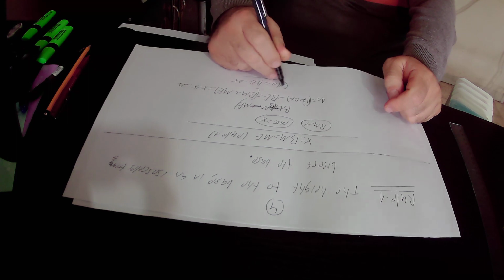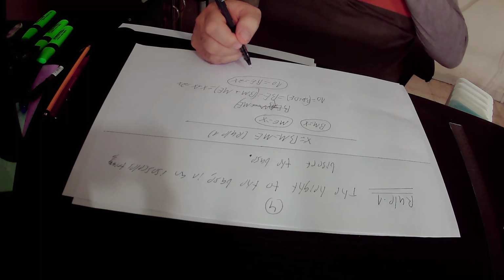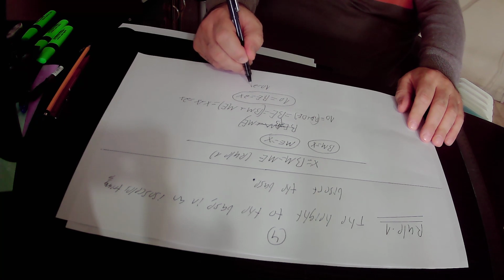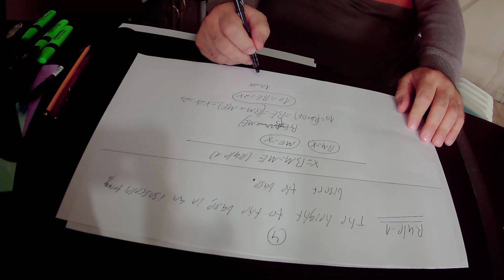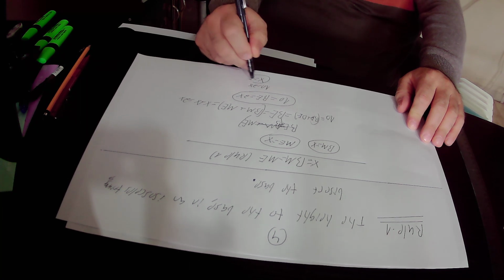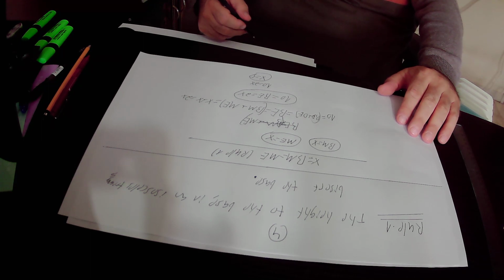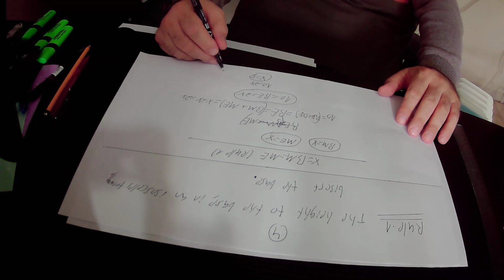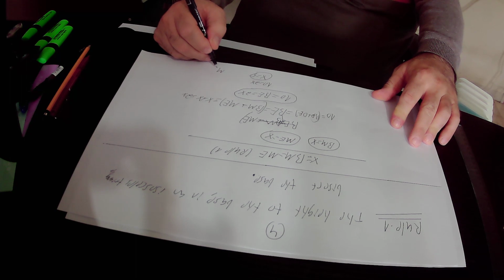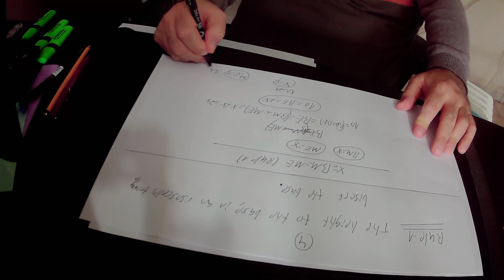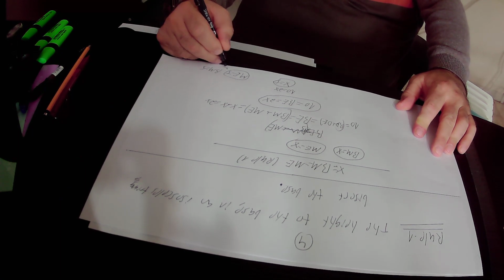So from this equation, we conclude that 10 equals 2X. We divide this equation by 2 and we get that X equals 5 units. So actually we found out that ME, that equals X, equals 5 units, and BM, that is also equal to X, equals 5 units.